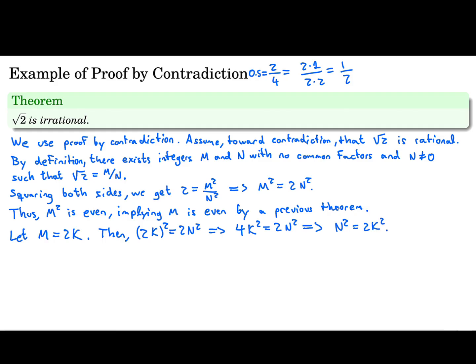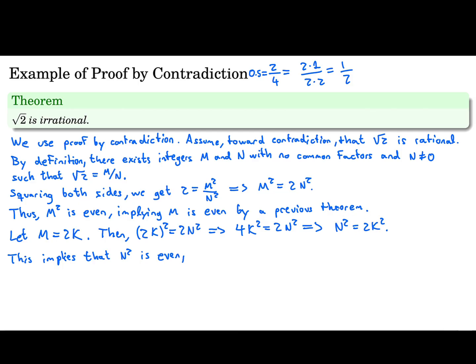Oh, but what does that mean? That means that n squared is even, right? So n squared is 2 times an integer, so that means that n squared is even.